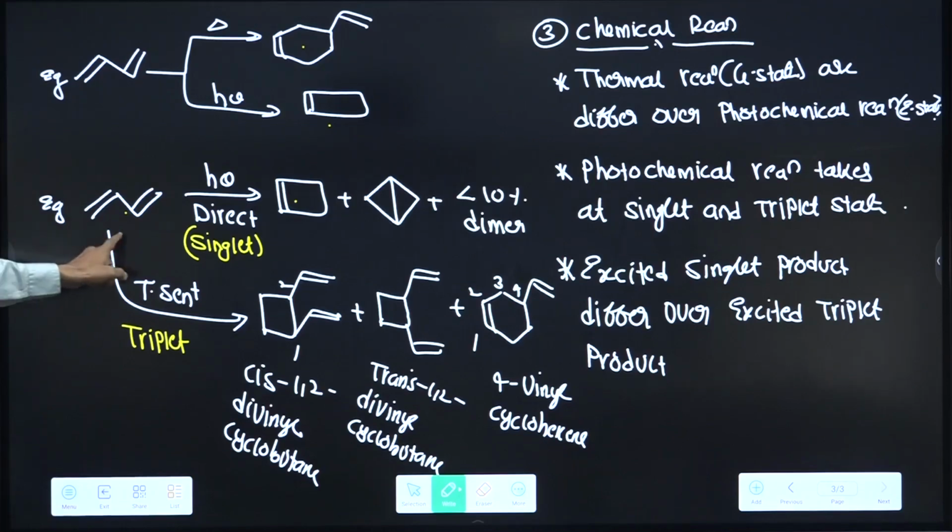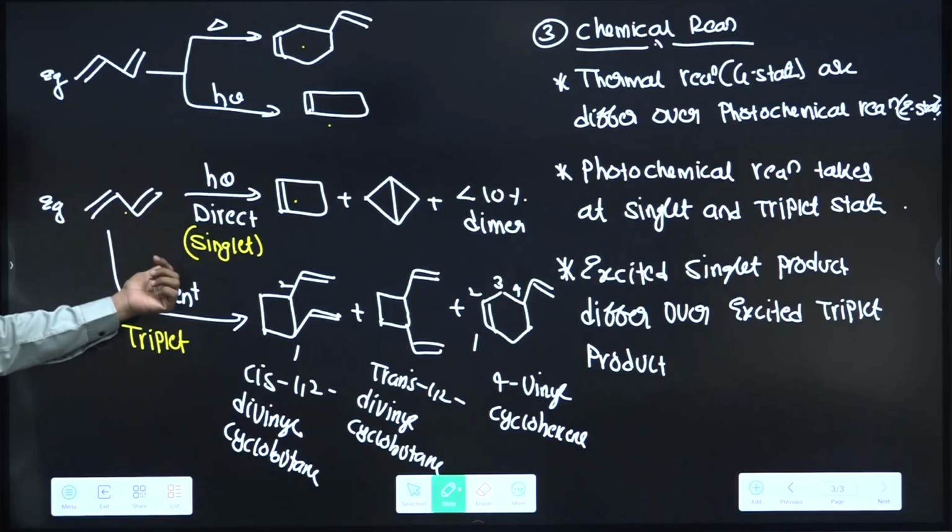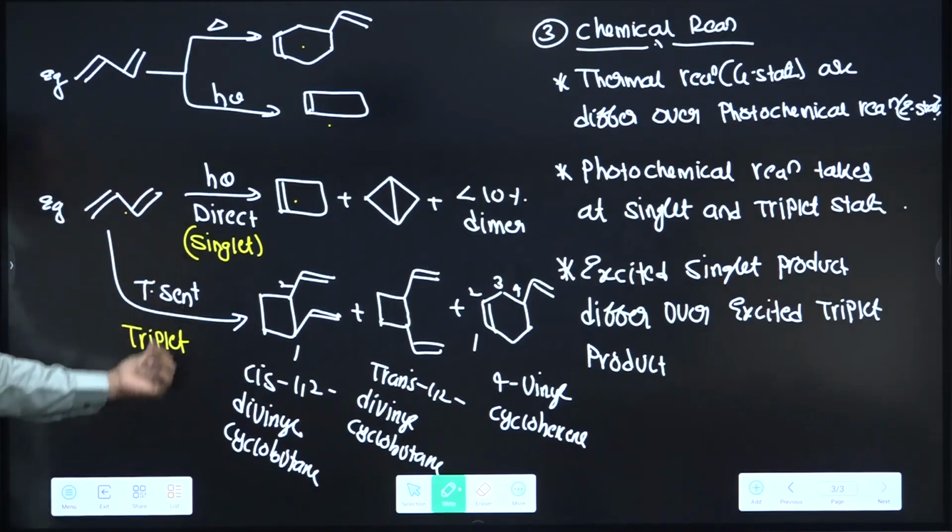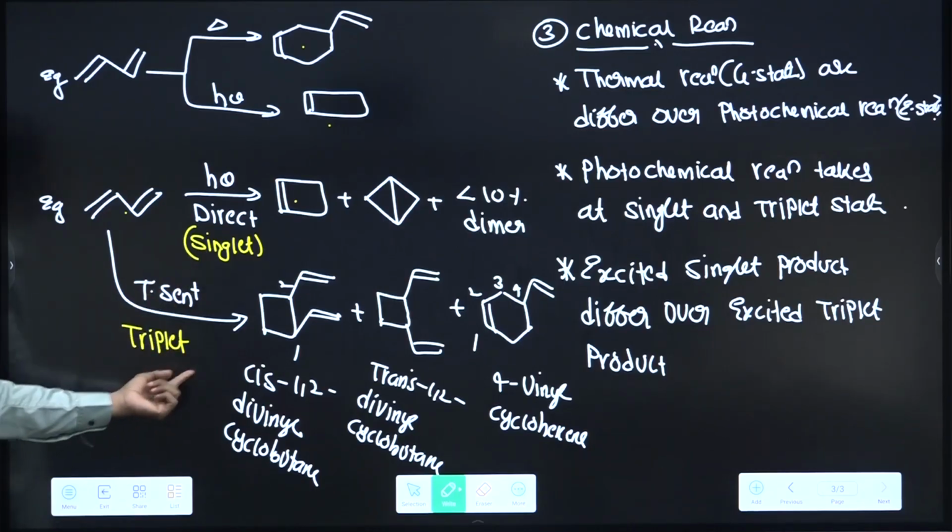It will come in photochemistry of olefins, no need to worry. There I will explain with proper intermediates. Right now you need to know what intermediate is involved in this one and what is the difference in products of singlet and triplet.